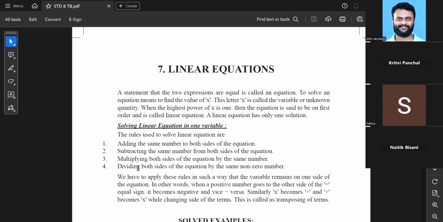Still low? Yes, sir, still very low. What now? How is it now? Sir, a little better. Just a minute.